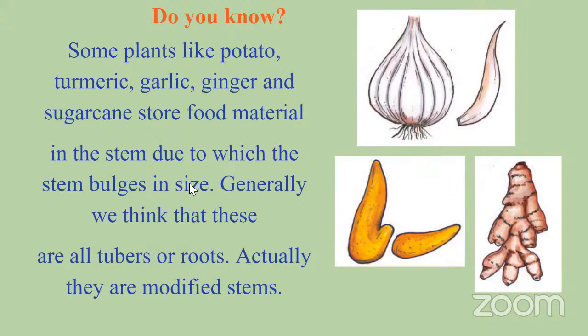No, they are roots. Now, these garlic, turmeric, ginger, sugarcane, all these are stems, of course, modified stems. Why? Because the food is stored in the stems. Whenever some food is stored, automatically what will happen? They bulge in size.